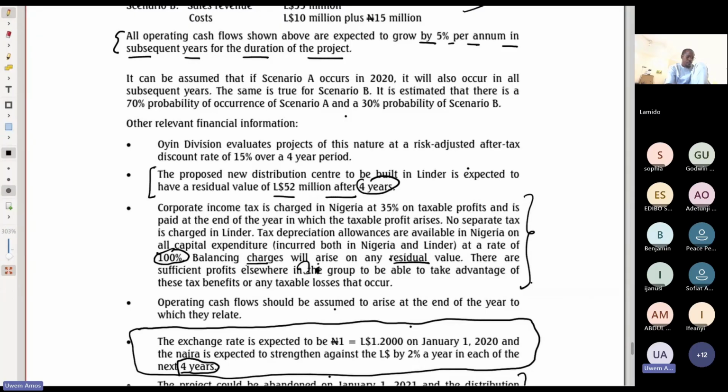So when you sell the asset, you would incur a balancing charge on it. Let's look at our tax allowable depreciation, which is 100% and which we incur immediately when we purchase the asset in the first year, and what our balancing charge will be. We're using the tax savings approach for that.